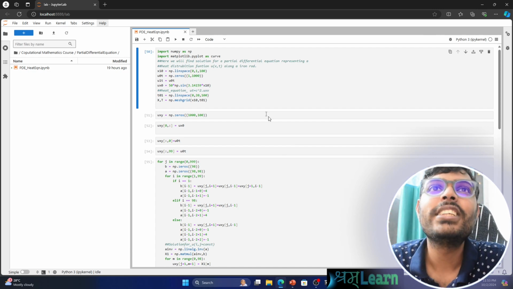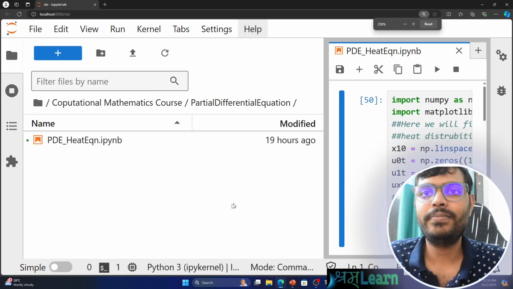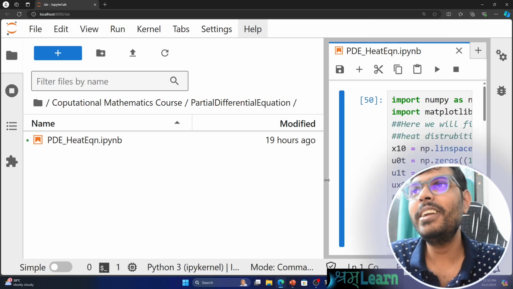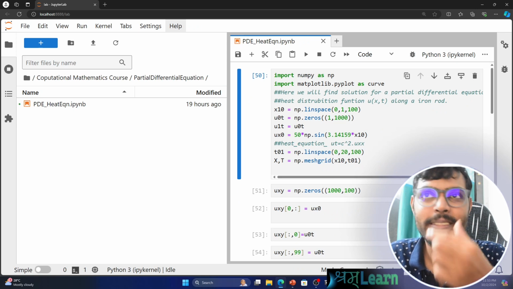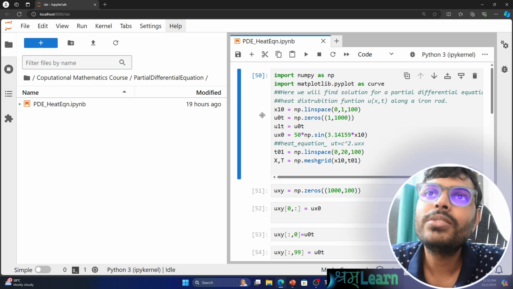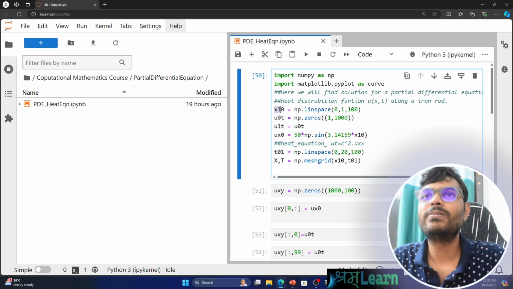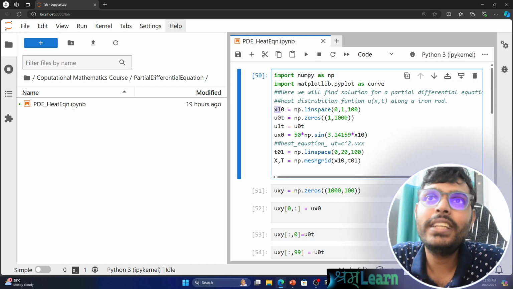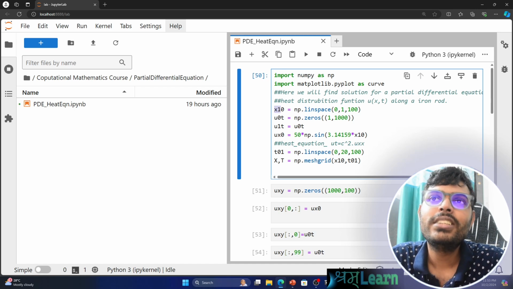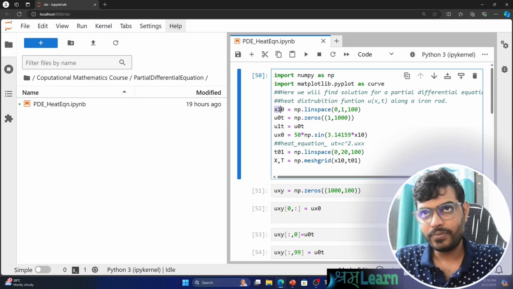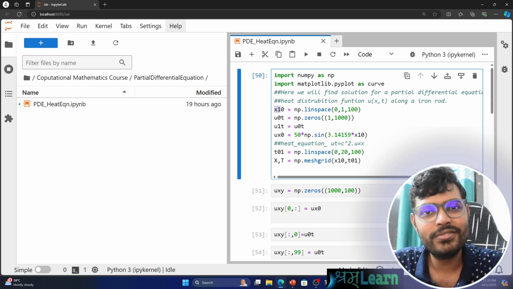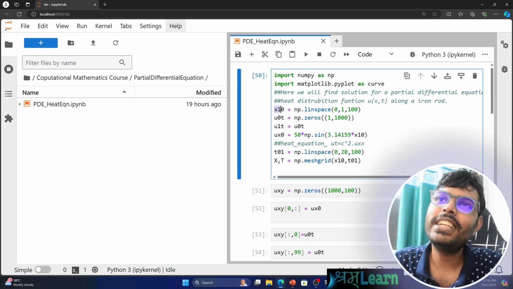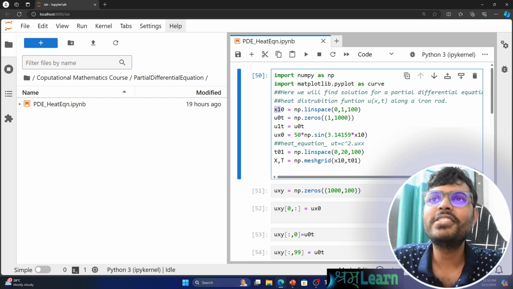But anyway, what I did is I don't have to import numpy and matplotlib every time. These are the general things. So this is what is written here, x10. What does this mean? It means that we have fixed the time axis as 0. And for that 0, what are our x values?